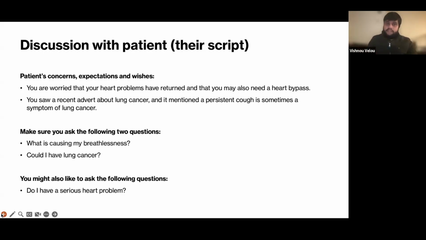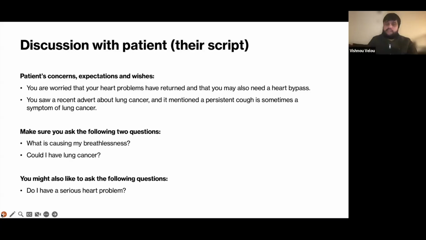You cannot and you should not offer false reassurance. Don't say, this is definitely not lung cancer. You can say, I think it's unlikely, but I would personally phrase it as, although lung cancer is something that we always think about because we are trained to think about the worst case scenarios, in this case I actually think it's this.